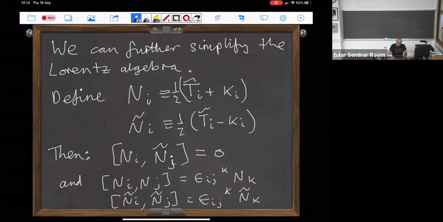In particular, we want to take the sum and difference, normalized with a factor of 2, of boosts and rotations. What this achieves is that the sum of the boosts and rotations, namely the n i's, commute with the difference. And moreover, the n i's by themselves obey the Lie algebra of rotations, and so do the n tilde i's.